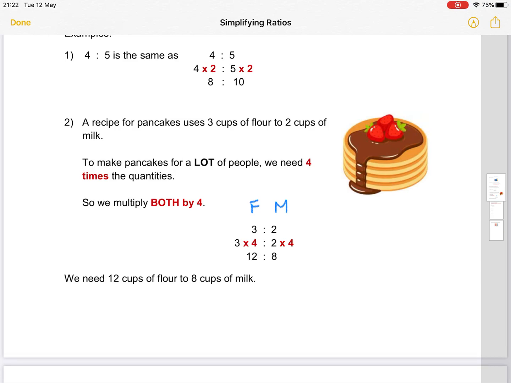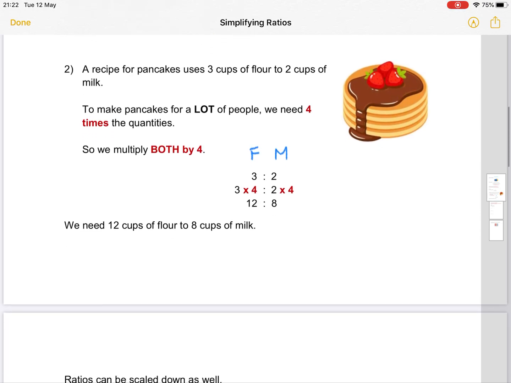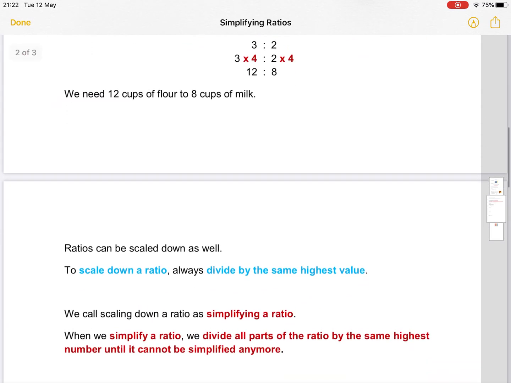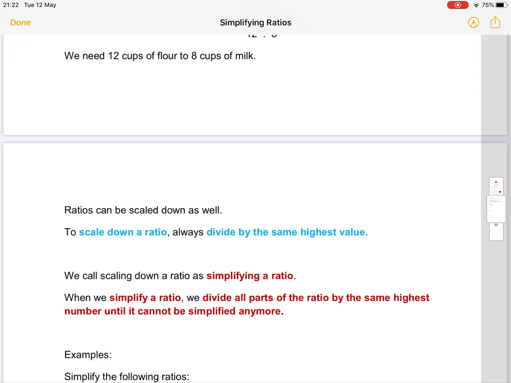They are equivalent ratios. 3:2 and 12:8 are equivalent ratios. Now, just like fractions, ratios can be scaled down as well.